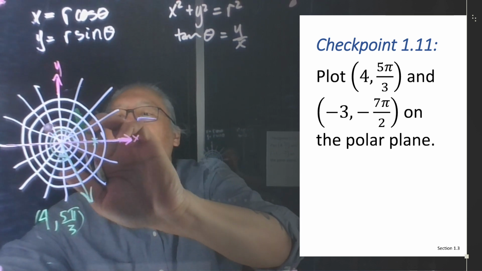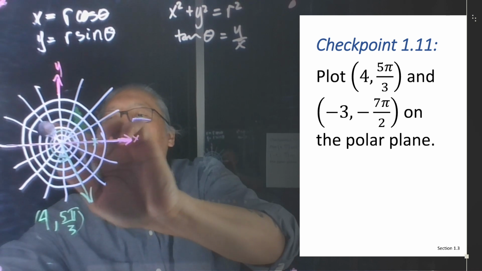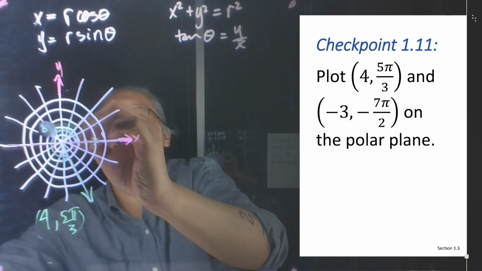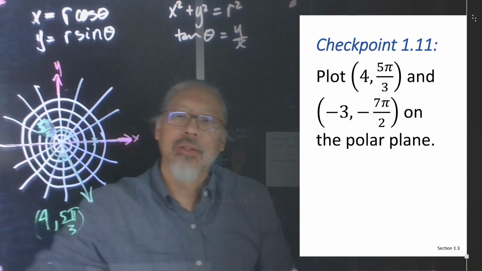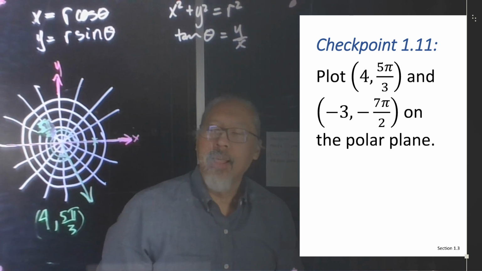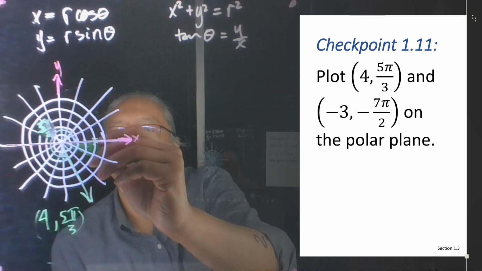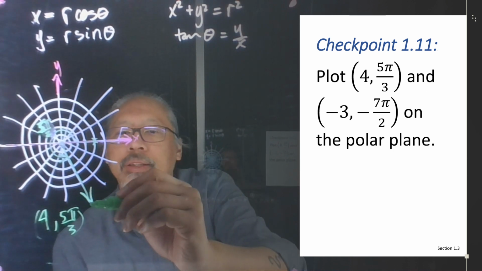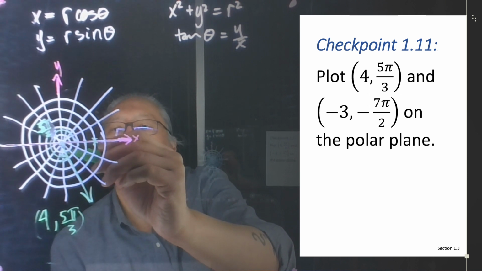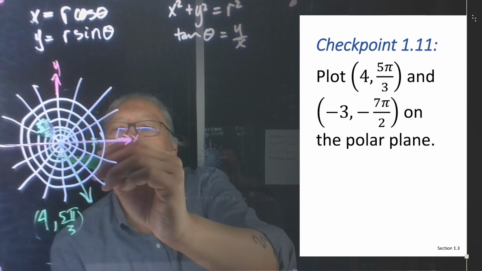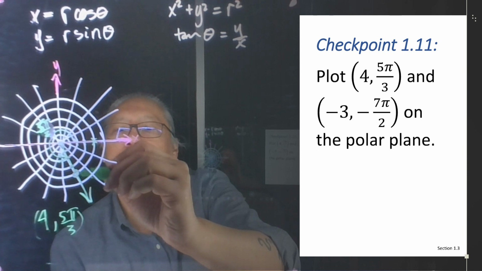Let me clear out some space here so I can write 5π/3. So this ray here is the 5π/3. And again, from the origin, 4 units out: 1, 2, 3, 4.